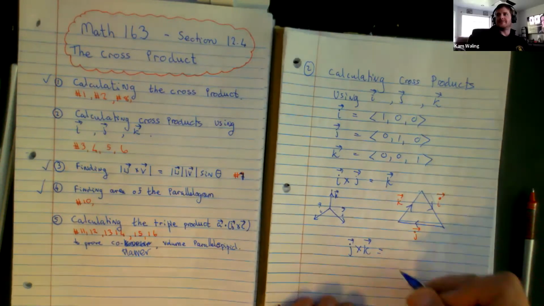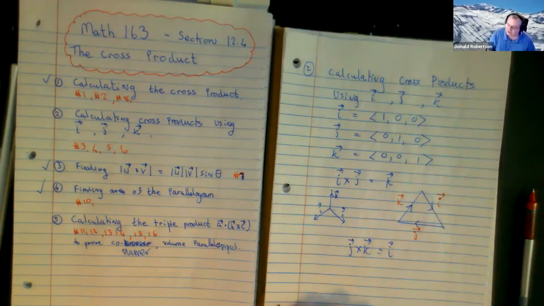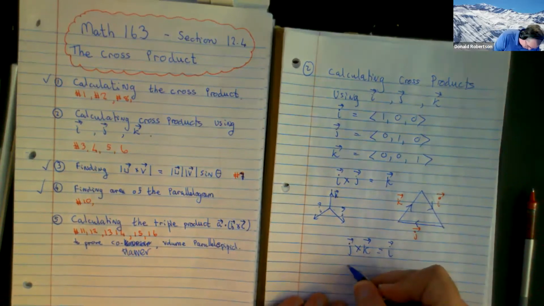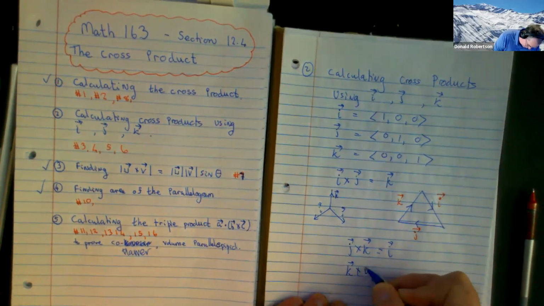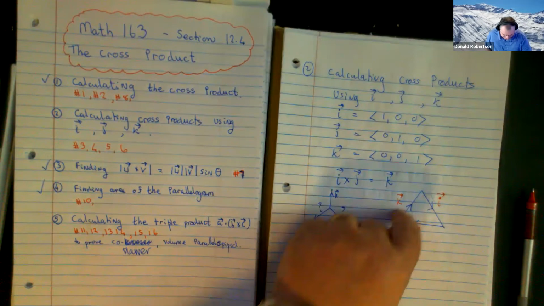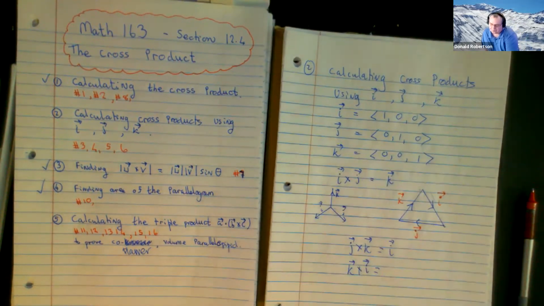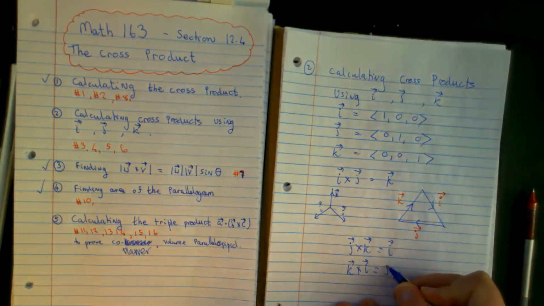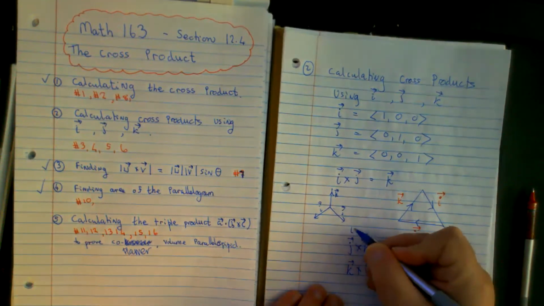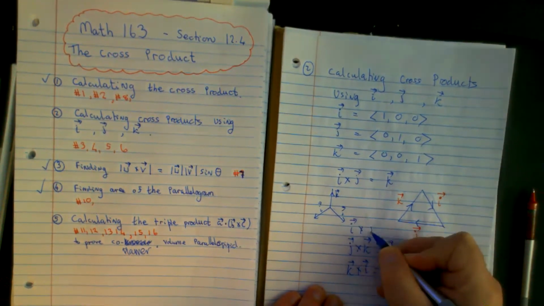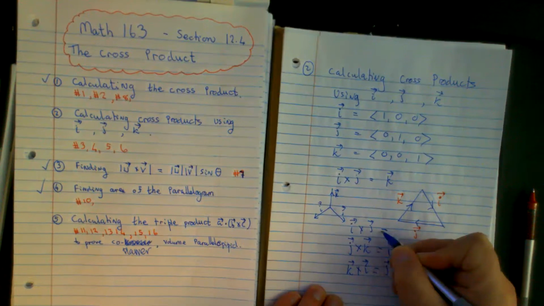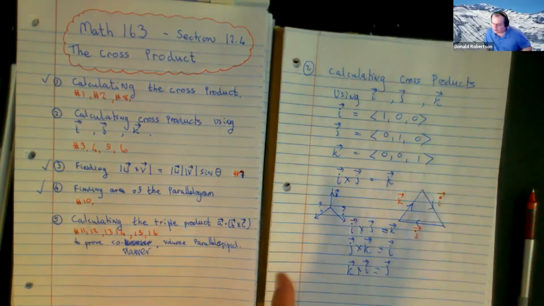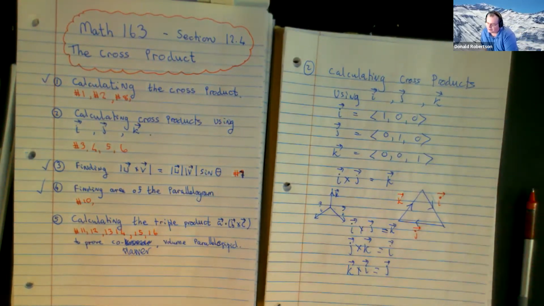I. Okay. That makes sense? What's left? What would K cross I get you? So that makes sense now that any two would get you the third one, right?